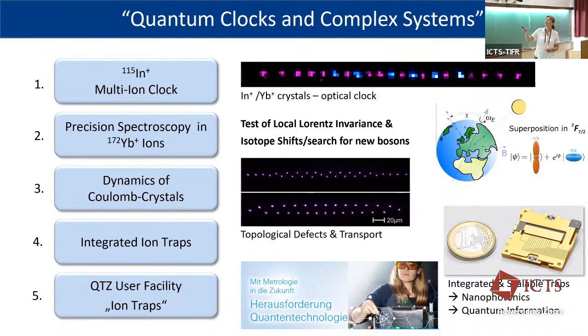So how can we scale up the qubits, the ions, for quantum metrology? Then we're doing precision spectroscopy with terbium ions. There we're testing fundamental physics, searching for deviations from the predictions of Einstein's general relativity, searching for dark matter, doing isotope shift measurements. A lot of this will be part of next week's lecture.